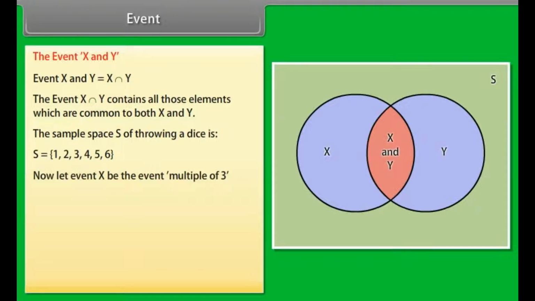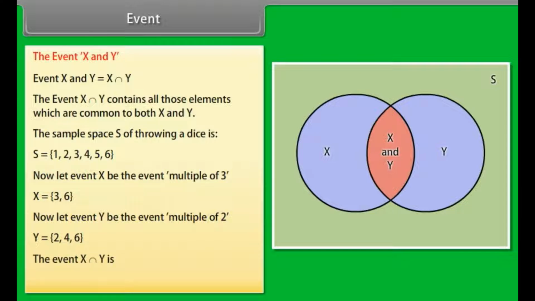Let event X be the event multiple of 3. X is equal to {3, 6}. Let event Y be the event multiple of 2. Y is equal to {2, 4, 6}. The event X intersection Y is equal to {6}.